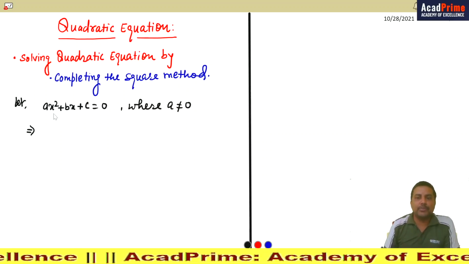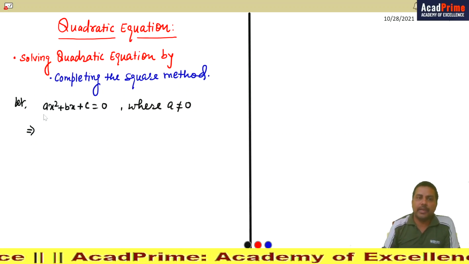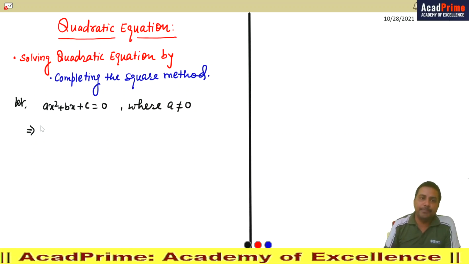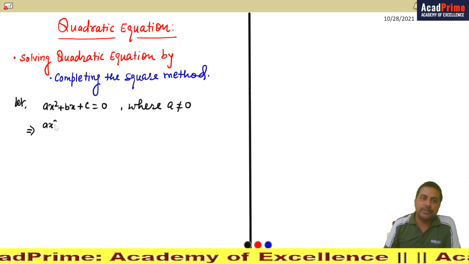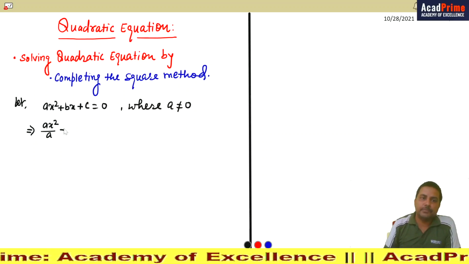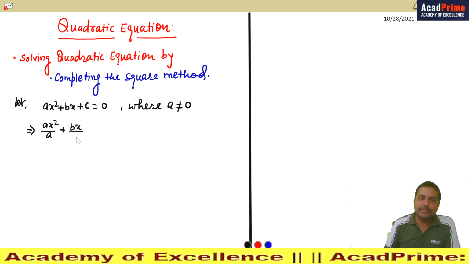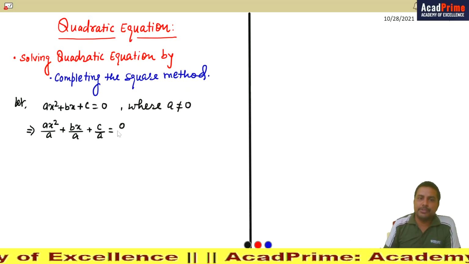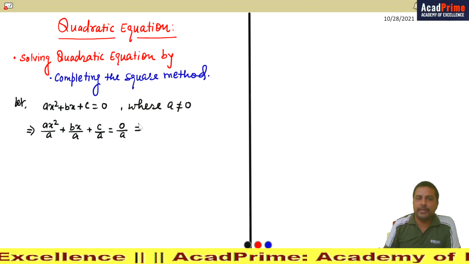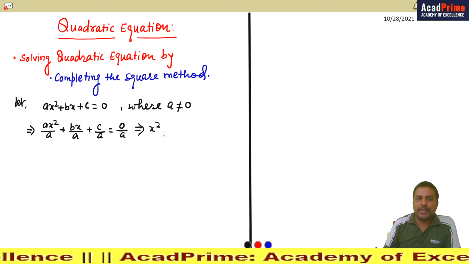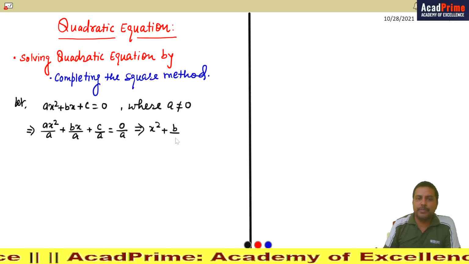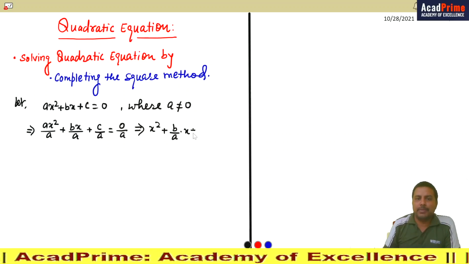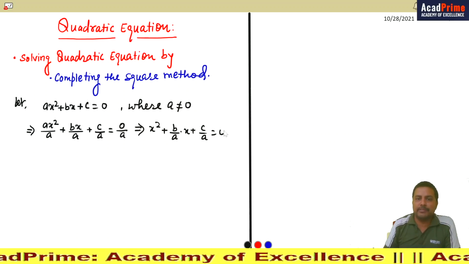So making the coefficient of x square equals to 1, I have to divide it throughout by a. Therefore it would be ax square by a plus bx by a plus c by a is equals to 0 by a. So from here we are getting the expression as x square plus b by a into x plus c by a is equals to 0.